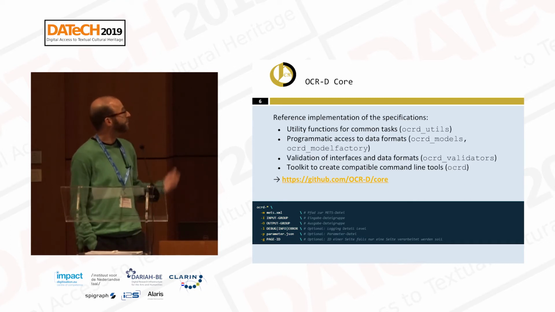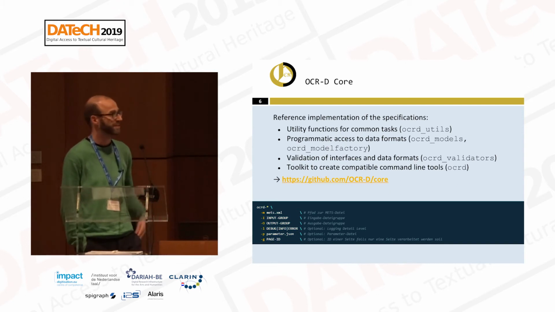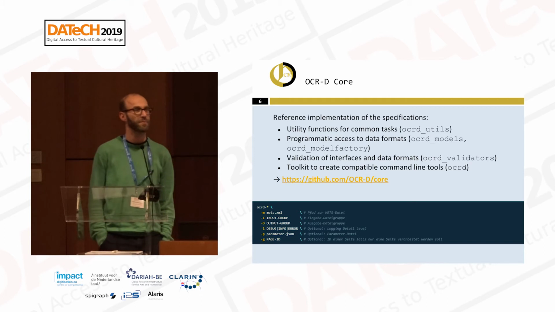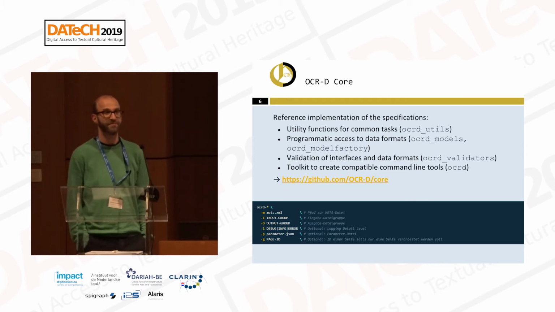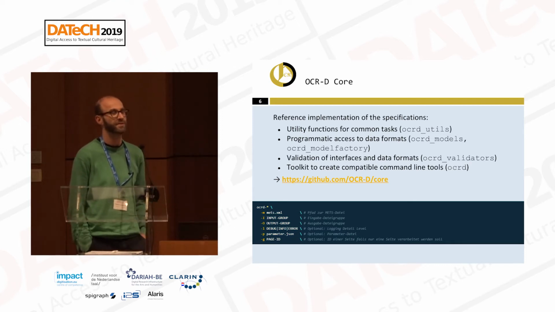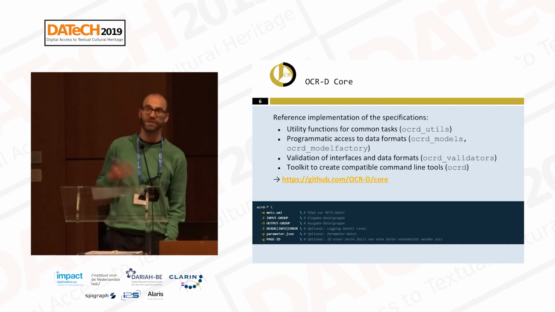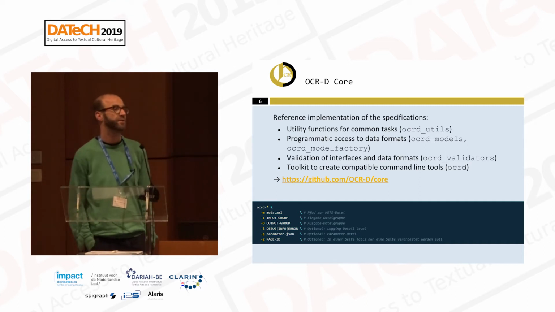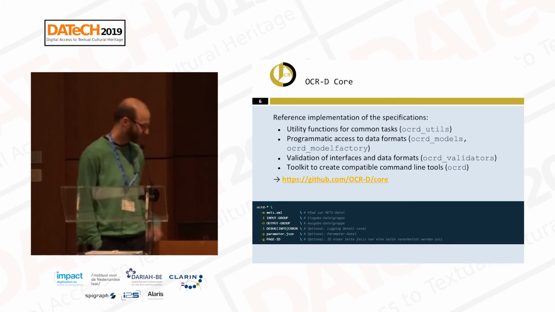And this basically provides some helper functionalities for frequent tasks like fetching data from the METS file, conversions, etc. It has validators that can check whether your data or the tool actually fulfills these specifications. And it also holds an OCR-D scaffold, which you can basically use to create your own tool according to these specifications, but you don't have to.